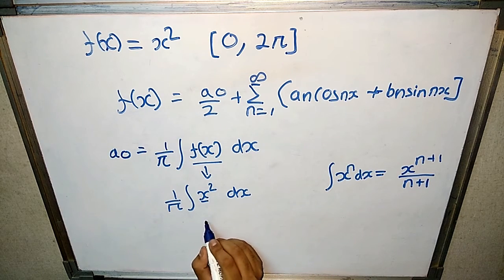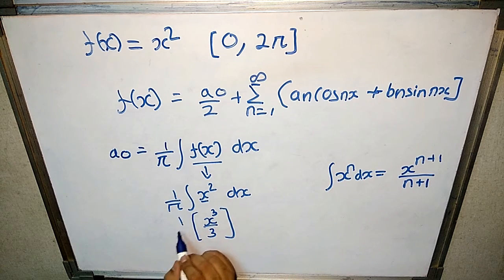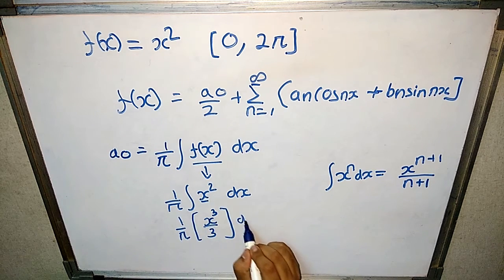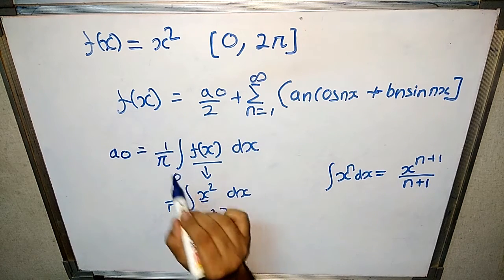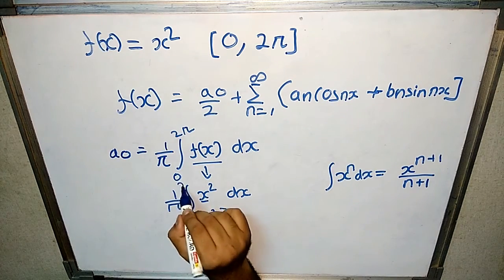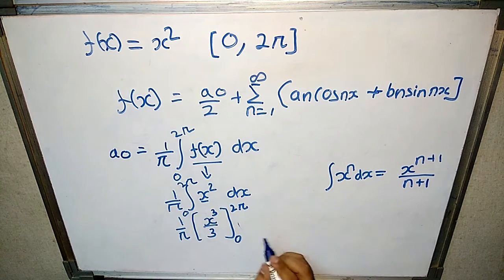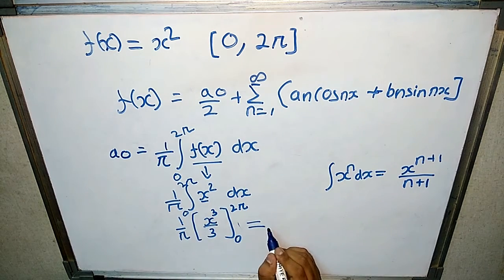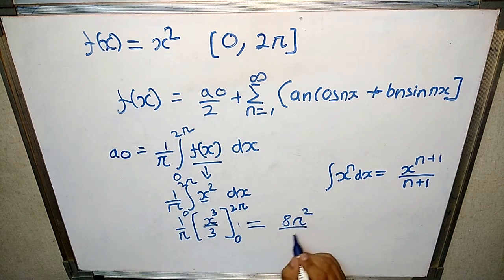Therefore we get x raised to 3 by 3 and the limits, that is 0 to 2 pi. Solving this we get 8 pi square by 3.